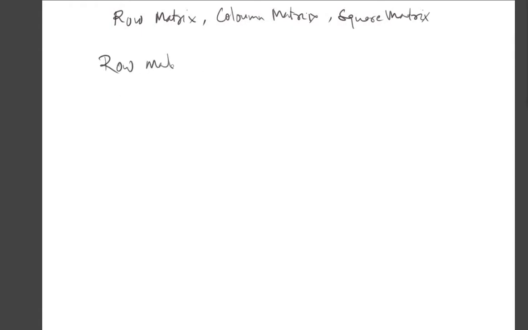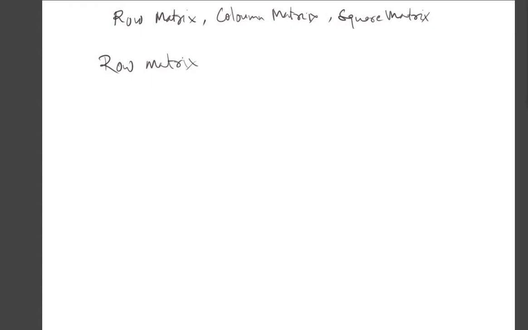Now we'll study the basics: the row matrix, the column matrix, and the square matrix.